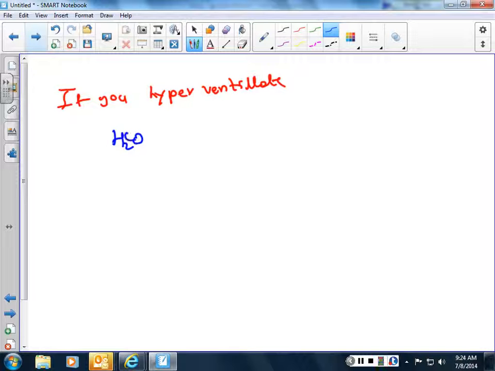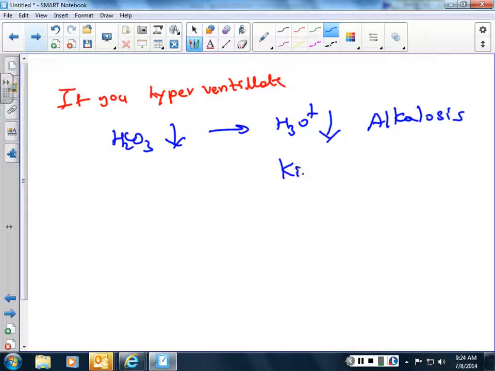H2CO3 will be less. So acid will be less. That condition is called alkalosis. So what do kidneys do? They add H3O plus and remove bicarb. They do just the opposite.